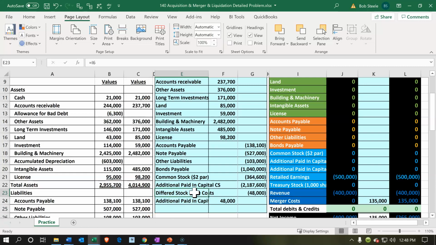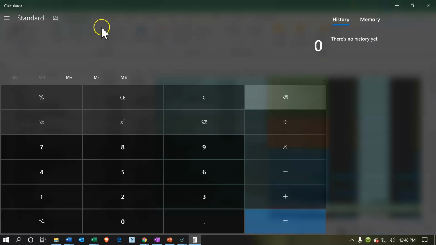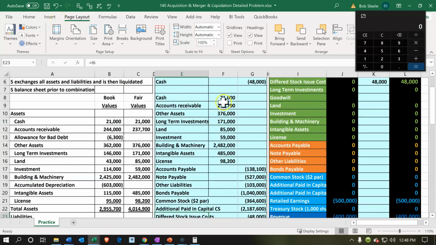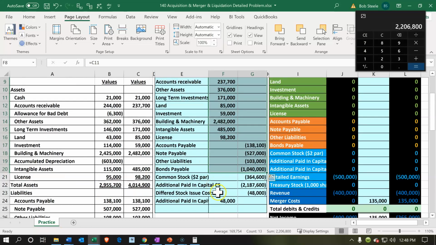So now we're still not going to be in balance because we want to determine if we have that intangible asset, which is going to be goodwill. So you can think about this in this way. Let's pull out the trusty calculator again, the giant trusty calculator. Here I am. And then we're going to say, all right, so these are the net assets here. So net assets are at the 2,206,800, right? So we have the 2,206,800, net assets minus liabilities at fair value.